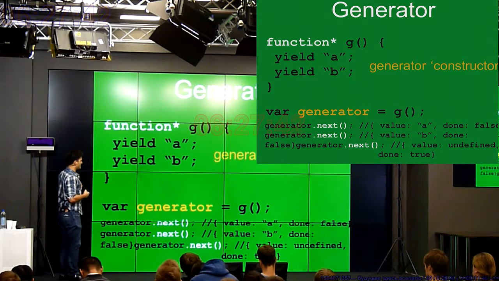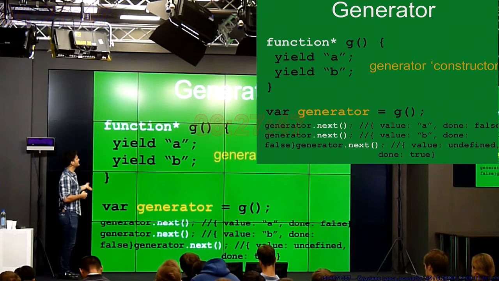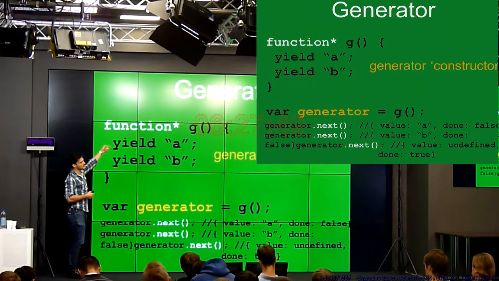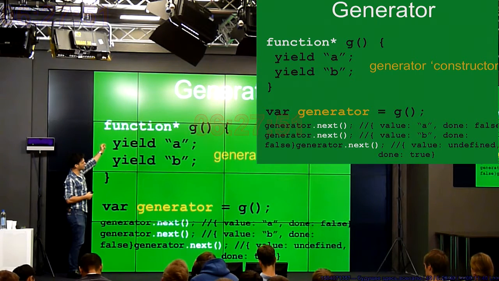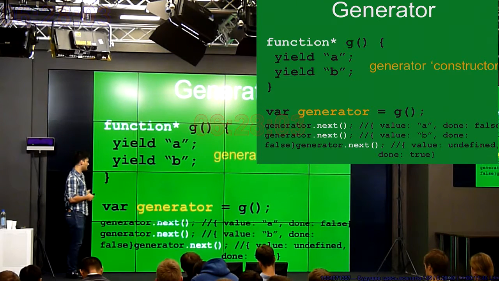The second time, you call the next function on the generator again. You start basically from the yield. So this generator gets resumed, and we go to the next instruction, which is B. So the value will be B, and done will be false. But still we're not done.